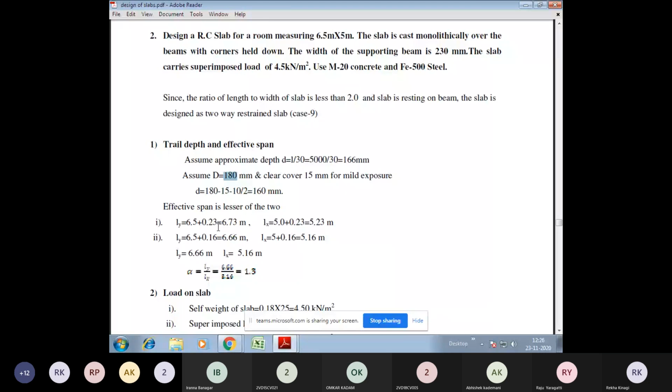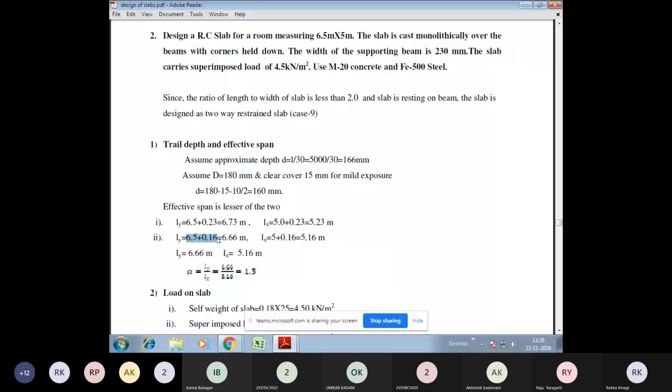The center to center distance turns out to be 6.73 meter in the Ly direction, and in the Lx direction it is 5.23 meter. And the next thing, in the Ly direction it is 6.5 plus 0.16, that is the effective depth.